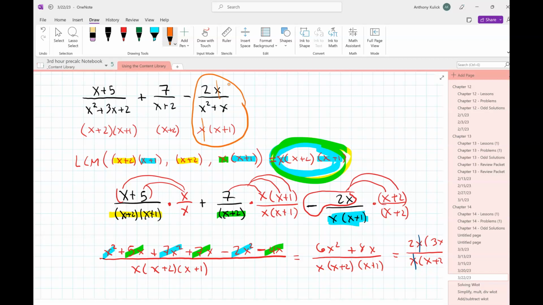You could have reduced there. Why is that going to be a big time saver for us? Makes the least common multiple that much smaller. That saves us a lot of hassle if you catch something like that. You won't be wrong if you don't get the reducing, but that would have saved us a little bit of mess.